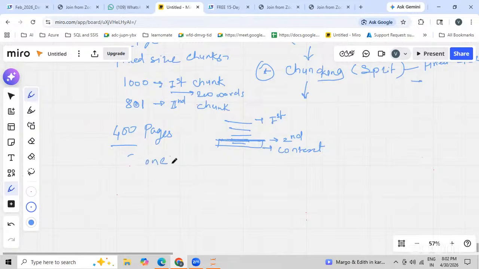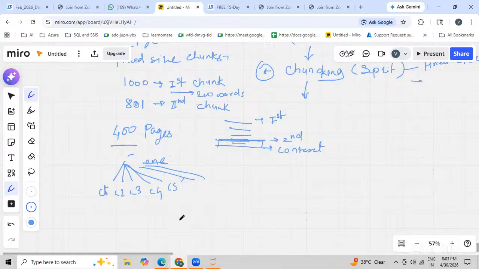So how can we do this? We can split these 400 pages into different chunks. This is chunk 1, this is chunk 2, this is chunk 3, this is chunk 4, this is chunk 5, and lots more. I will not give all the 400 pages at once to the LLM. I can simply split my data into different chunks.